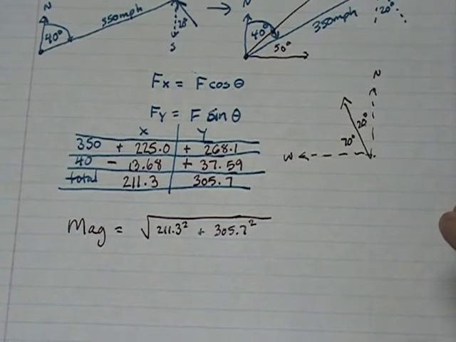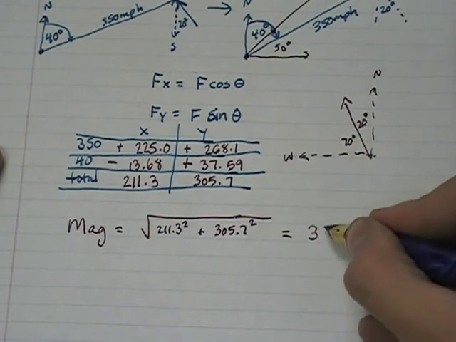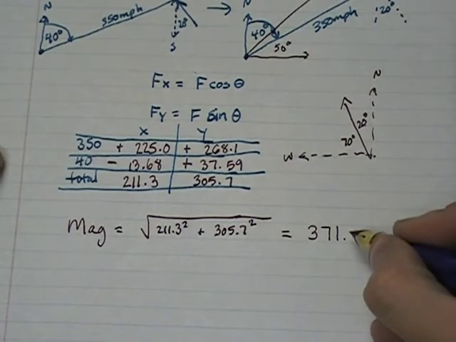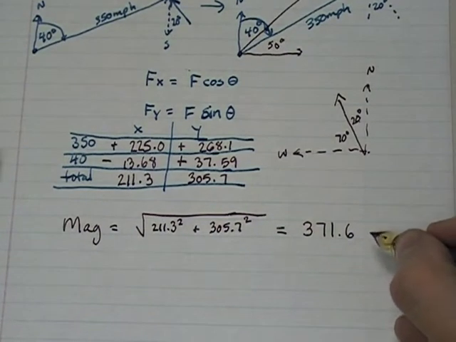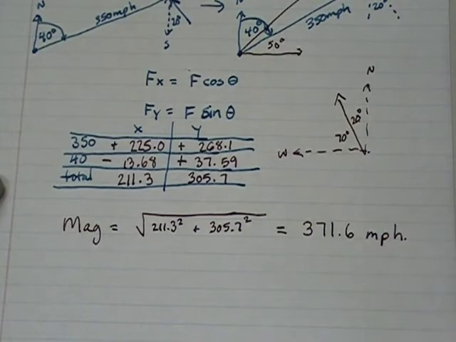So 211.3 squared plus 305.7 squared, and then take the square root, and you get 371.6. This is the magnitude of the resultant, which will be in miles per hour.